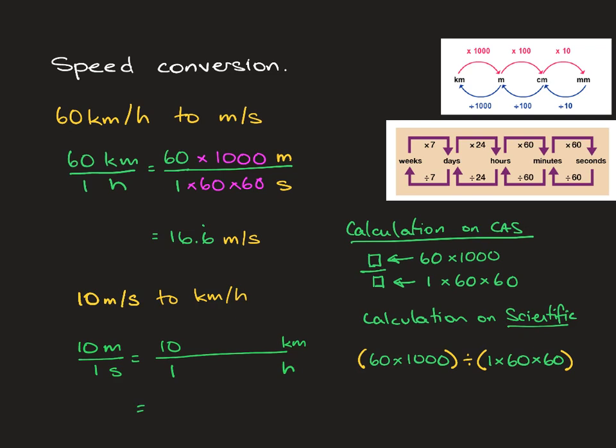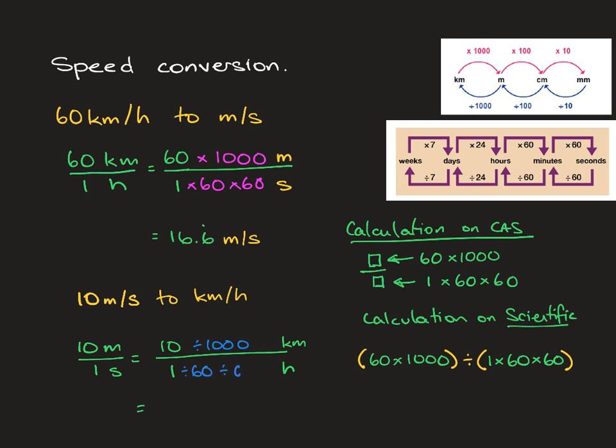Okay, so to go from metres, where are we? Right up the top here. To go from metres to kilometres, we have to divide by 1,000, and to go from seconds to hours, we need to divide by 60 and divide by 60.